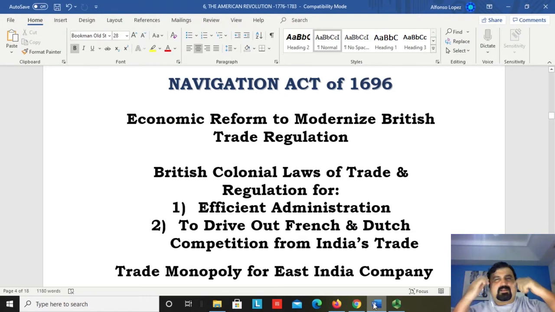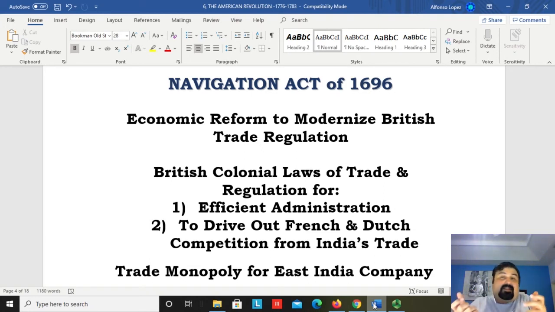So there's going to be significant change in the way the British are beginning to manage their colonies, and of course their total focus now is India. Okay, they're not yet concerned with the American colonies, even though they're going to be soon enough.